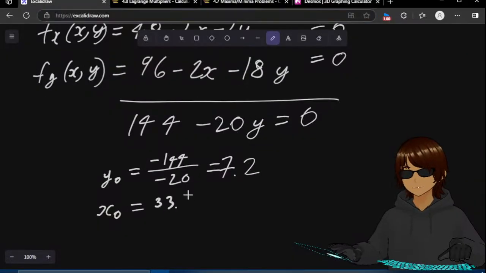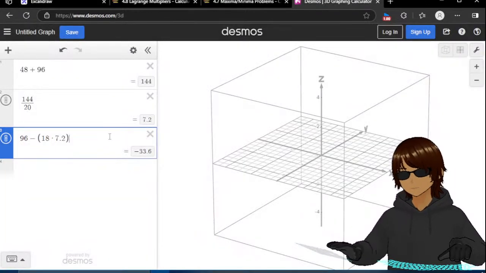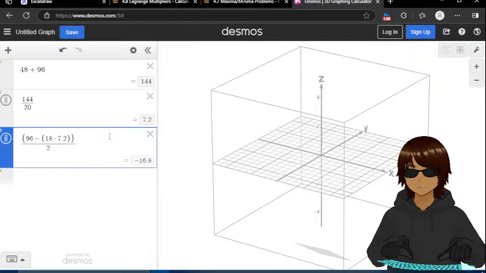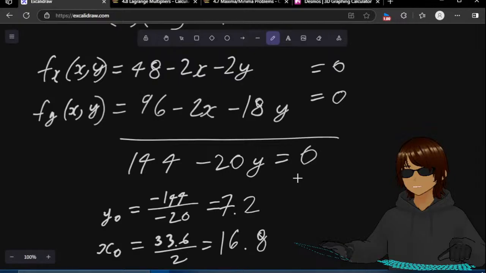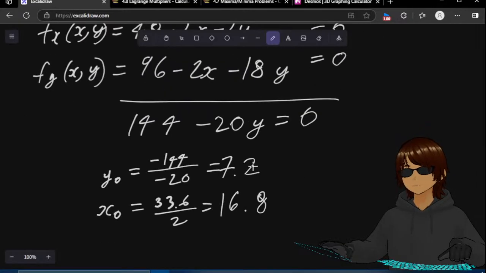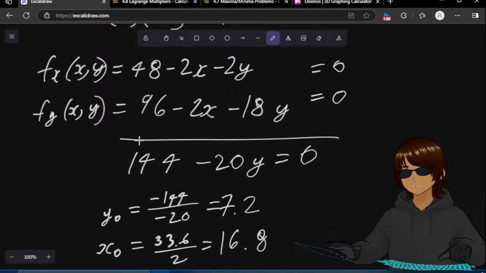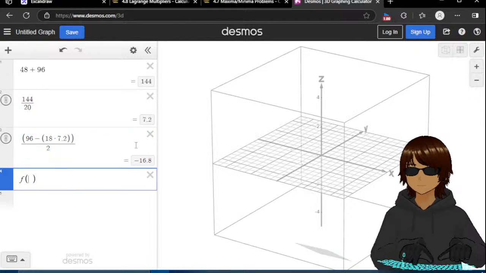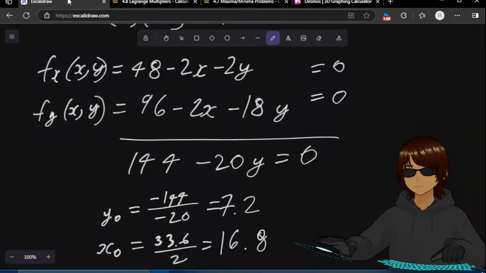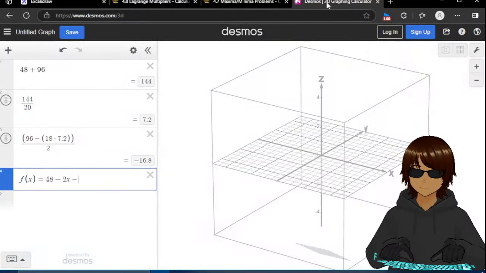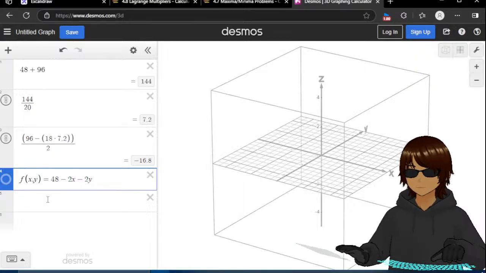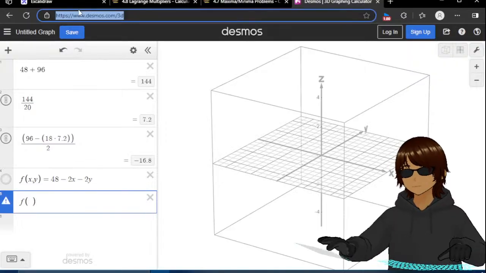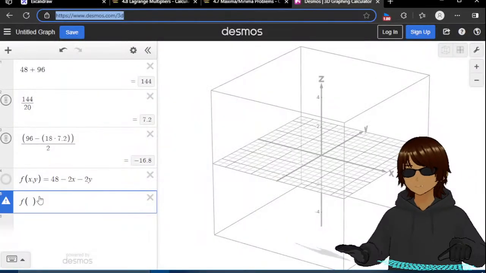So over to 16.8. So hold on. 48 minus 2x, 7.2 and 16.8.